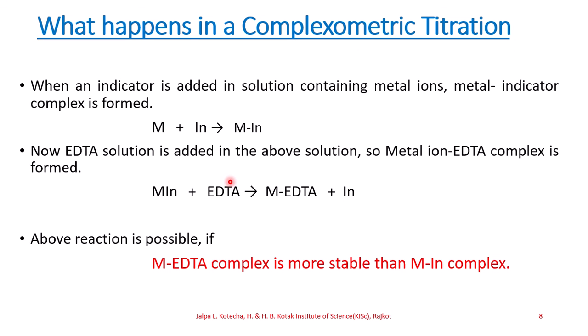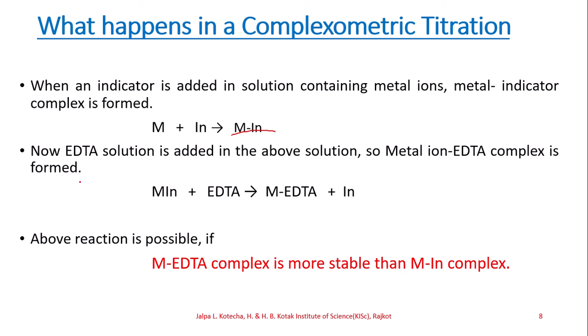What happens in the solution here? When you add an indicator to the solution which contains the metal ion, a metal indicator complex is formed. This is the first thing. So the metal indicator complex which is formed gives some color.